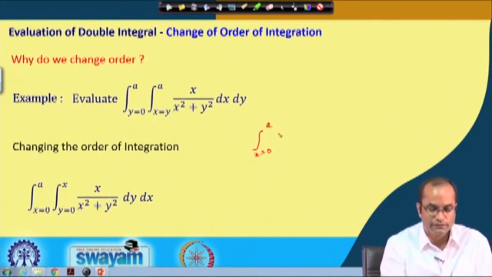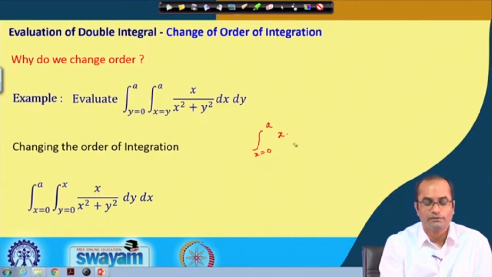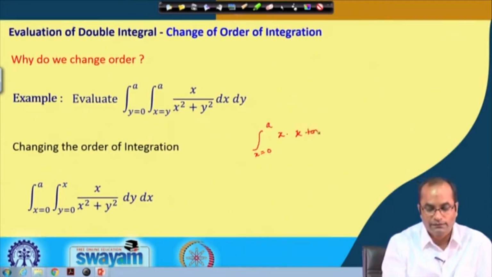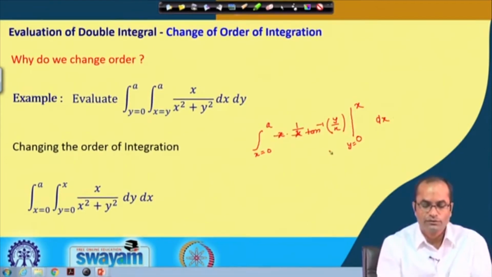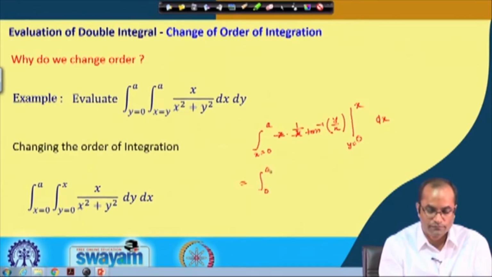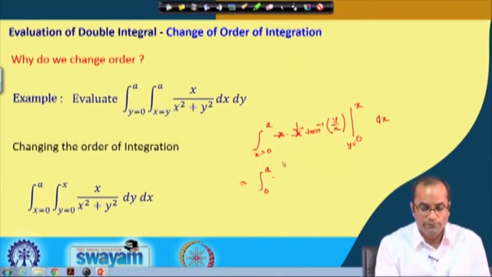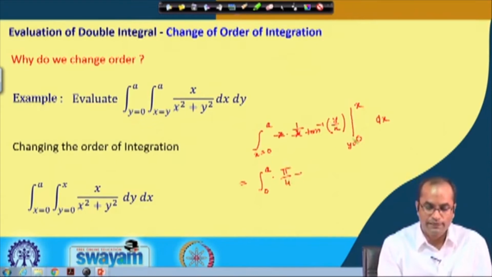The integral of 1 over x² + y² with respect to y gives 1 over x times tan inverse of y over x, with the limit for y from 0 to x, and then the outer integral in x. So, this x will get cancelled and we have tan inverse of y over x: the upper limit gives tan inverse 1, which is pi by 4, minus tan inverse 0, which is 0, and then dx.